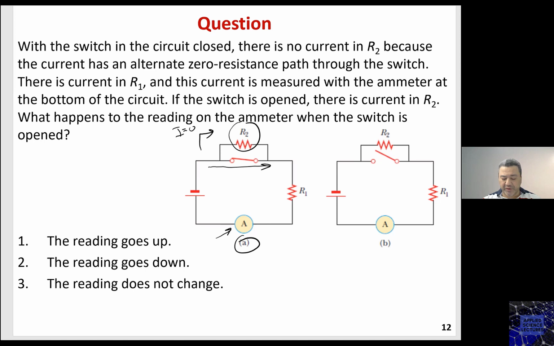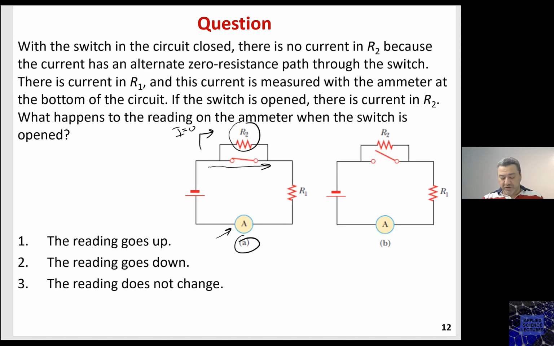The question is the following: if the switch is opened, so what we know right now is that this switch is closed, which means no current is going through this resistor R2. All the current is going through R1, and the ammeter is reading something. Now, if the switch is opened, there is current in R2.